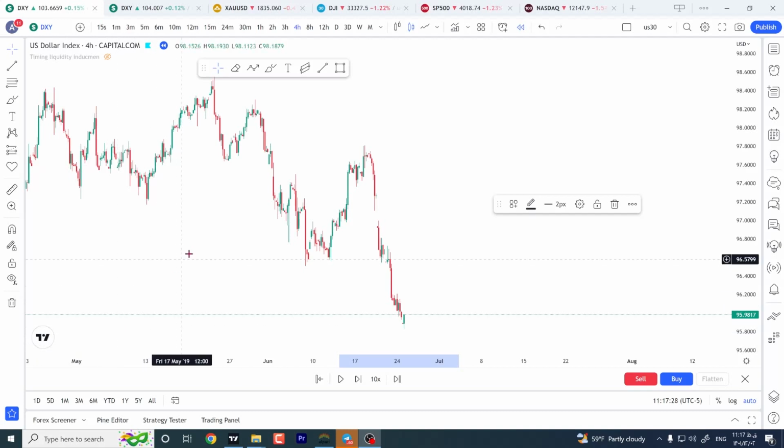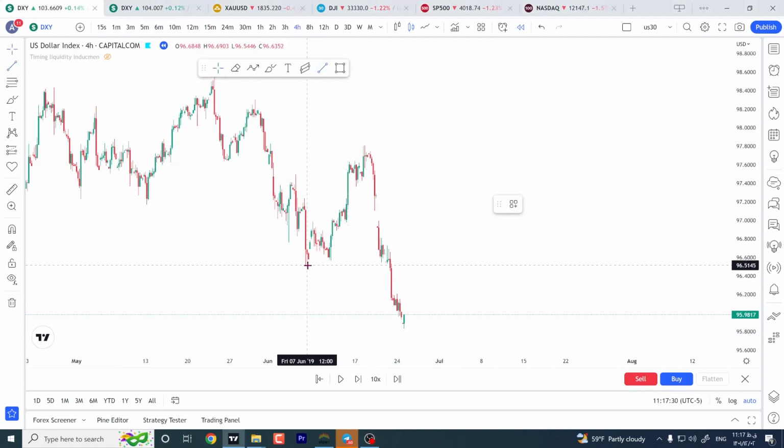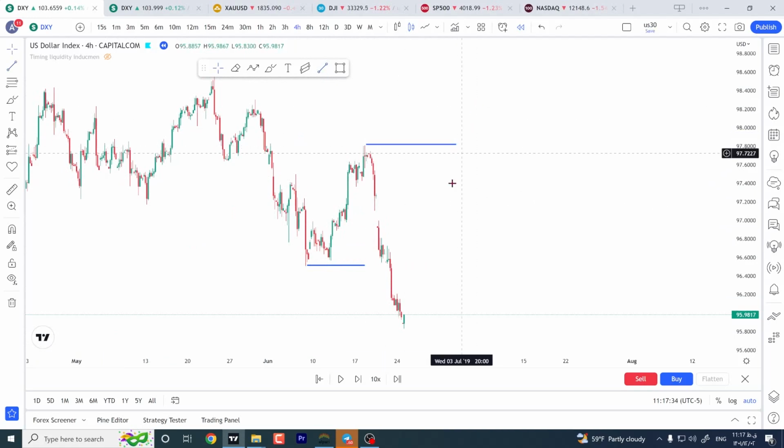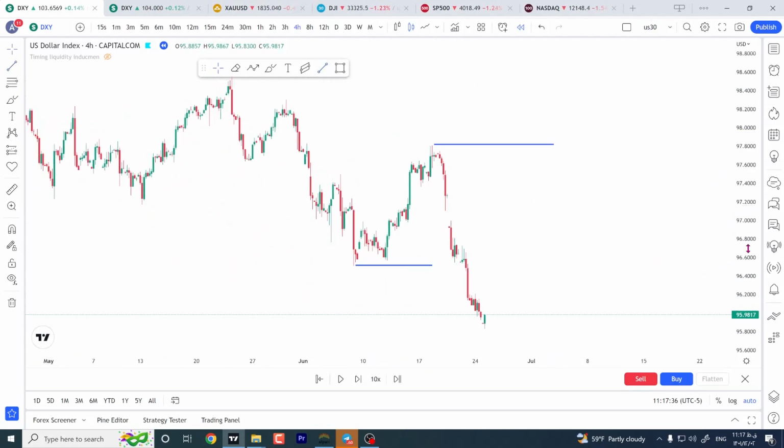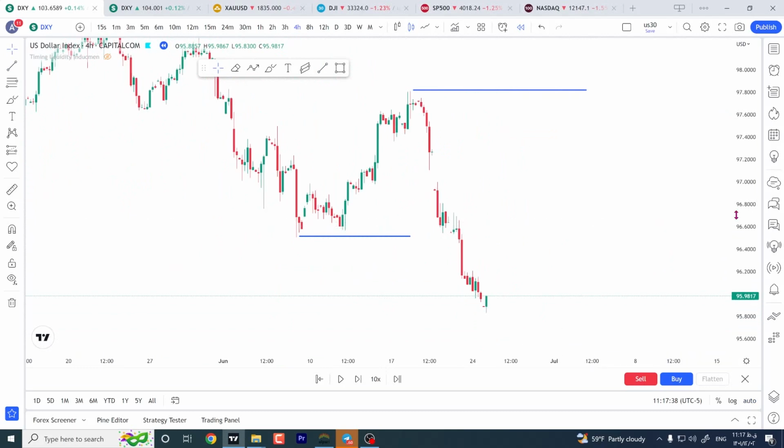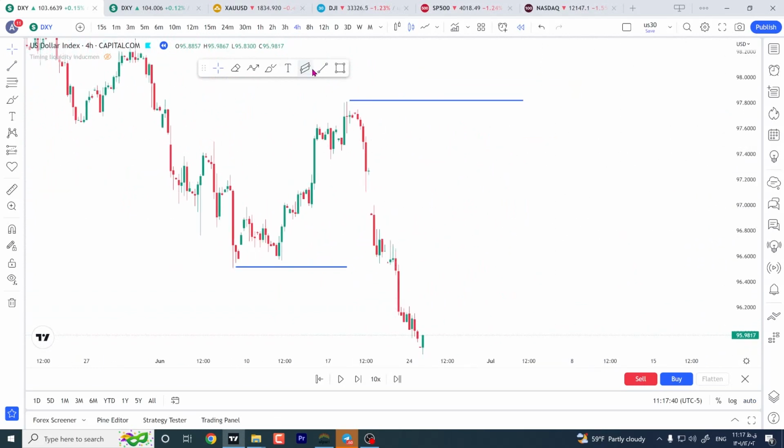So as I said, you have your primary structure from here to here, and if you pay attention and have a hawk's eye, you can see that we have here some kind of primary structure, and we have a supply box here too. So these are important. Why?